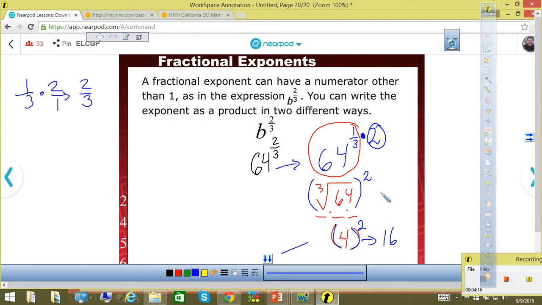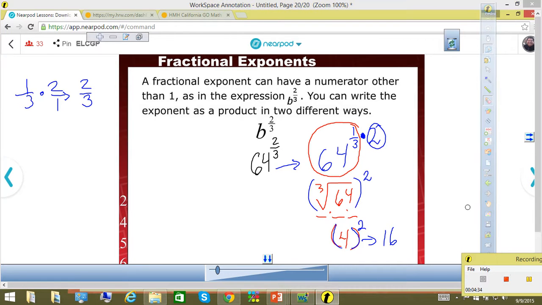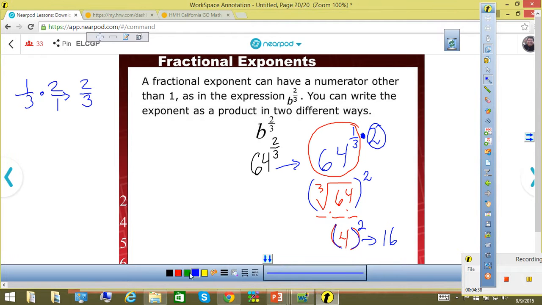Copy that, please. That's the first method that I showed you, and I'm going to show you why I asked you guys to use this method, because the other method, even though you get the same answer, requires a little bit more work. Now, let me show you the second method. This could be rewritten a second way.